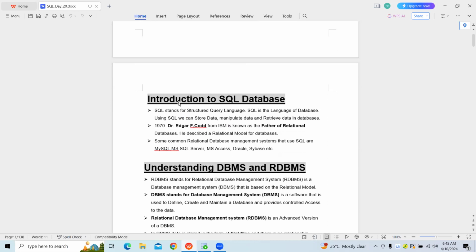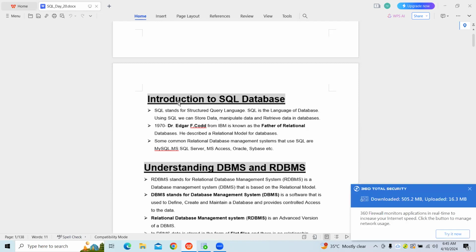That means a database will be understanding this particular SQL. By using this SQL, we can store data, manipulate data, and retrieve data that is present in a database. Using SQL, guys, we can store data, or we can make modifications in data, and we can retrieve data. So these are all the options that are possible with the help of SQL.